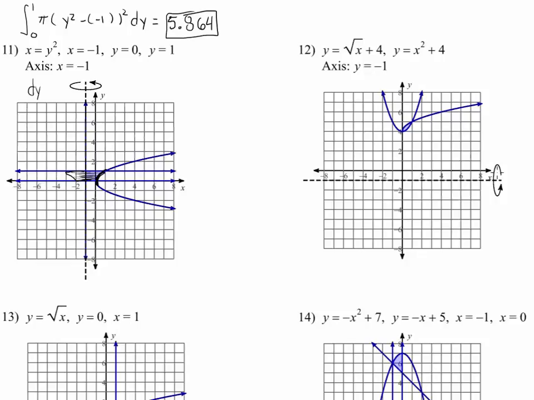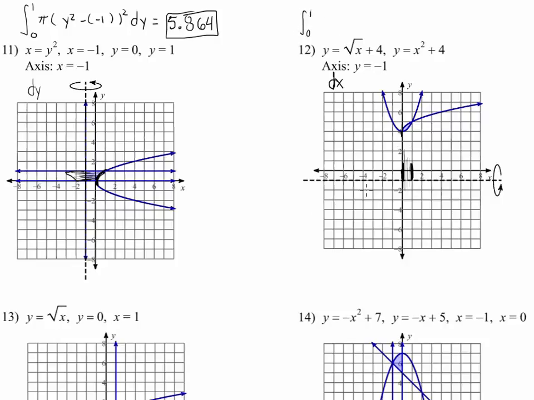Okay, problem number 12. This one, we are rotating around an axis parallel to the x-axis. So this is going to be in terms of x. As this guy rotates around, he's making shapes like this. The circle's going that way. They're being stacked from 0 to 1, so we're going to do the integral from 0 to 1.